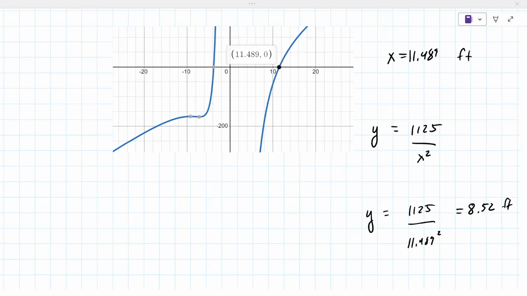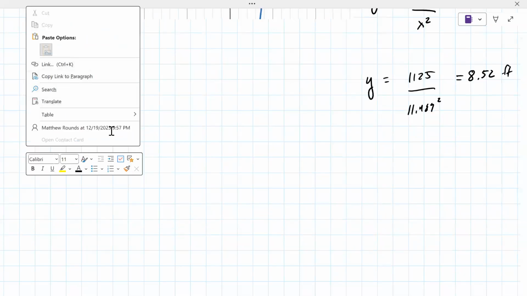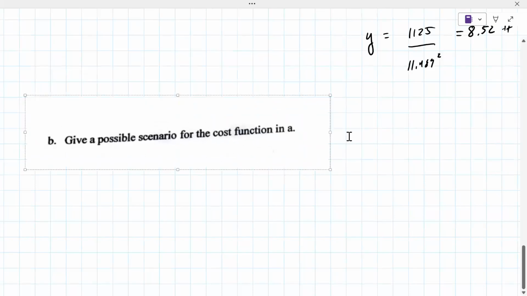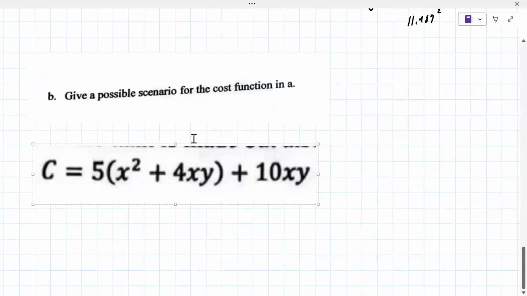All right. Give a possible scenario for the cost function in A. What they're hoping you're going to recognize is that, grab the snip of this. The x squared, sorry, so this is for the base.